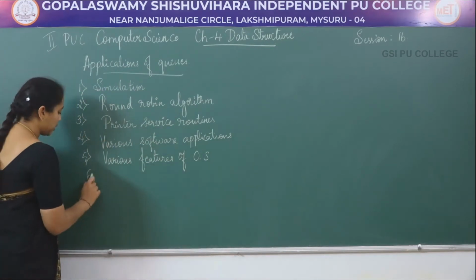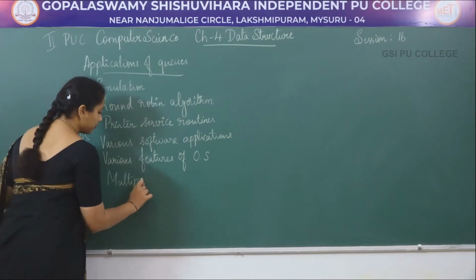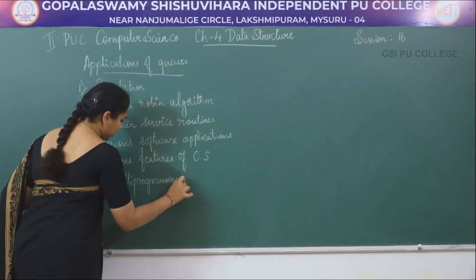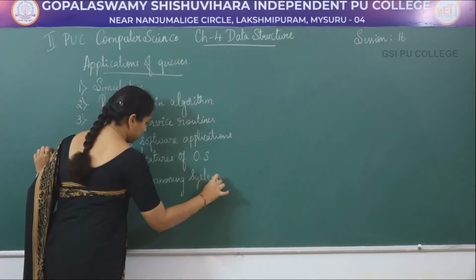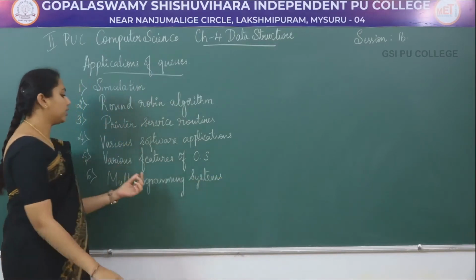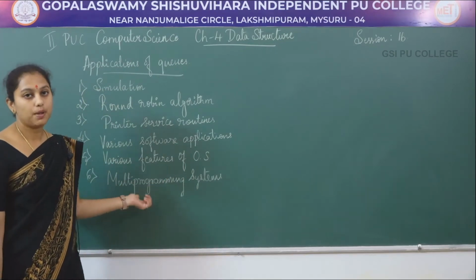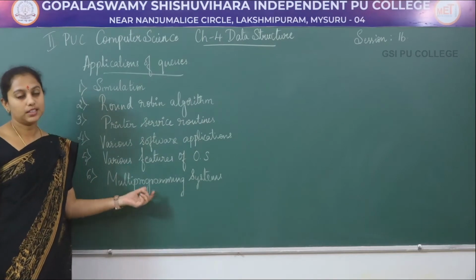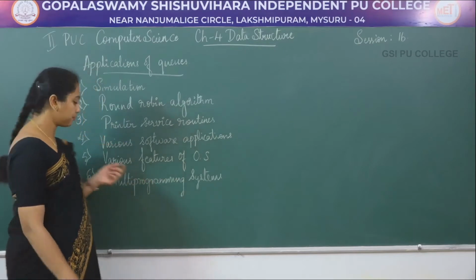And the next application is multi-programming systems. In multi-programming systems, we are going to perform more than one program. Based on the priority, it is going to execute the programs. At a time, we are going to execute more than one program.